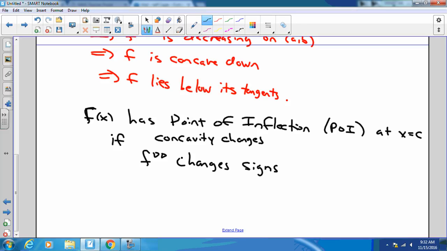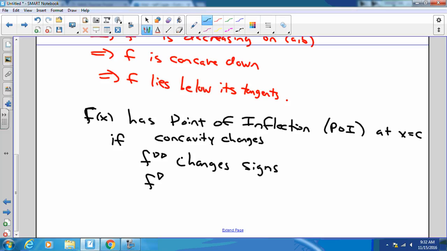Because we recognize that sometimes f double prime could be 0 and fail to change signs, in which case our curve is nice and concave up even through the 0 of f double prime. Or concave down, whichever it is. f double prime changes signs.